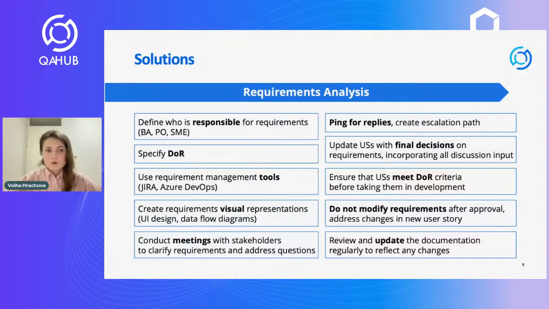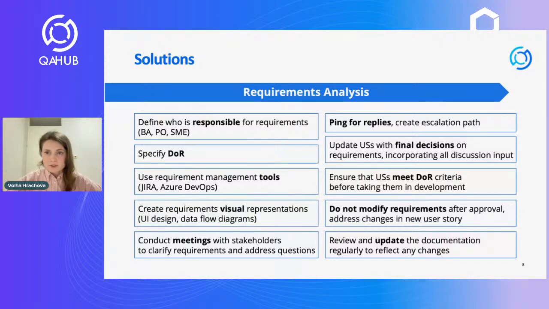And after all the discussions in different threads or channels, we should finalize our decisions in the final version of the requirement, and better in the requirements management tool. How is it better to organize this?